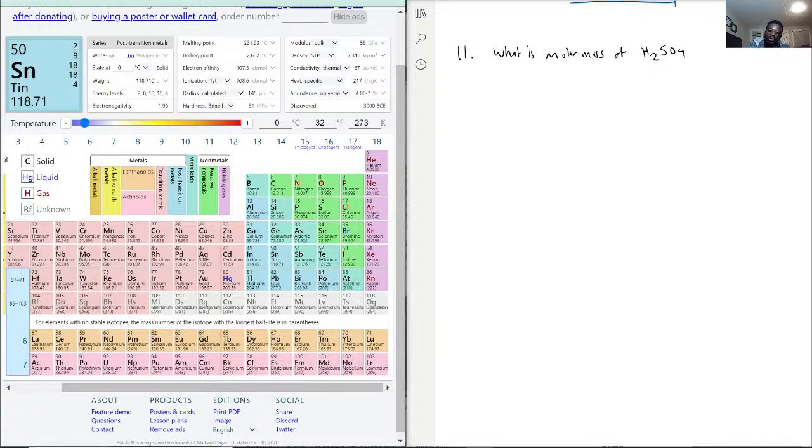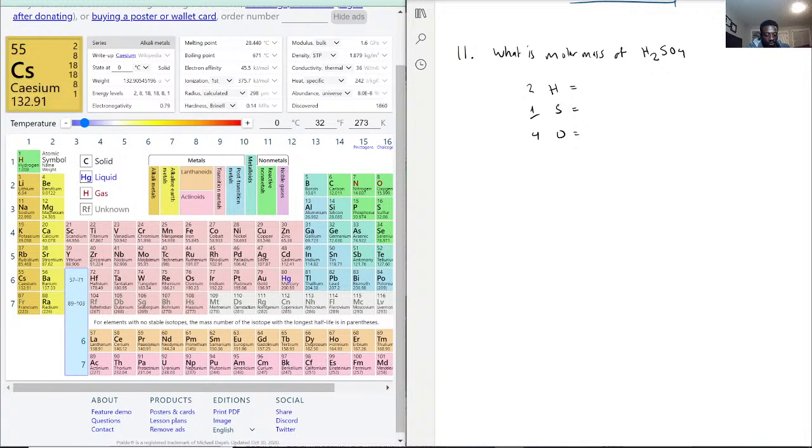Okay, just as we did before, we want to write down every constituent. So we have 2 H, 1 S, and 4 oxygen. Then we multiply and add these together. Hydrogen is 1.008, so that's 2.016.